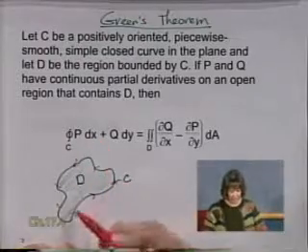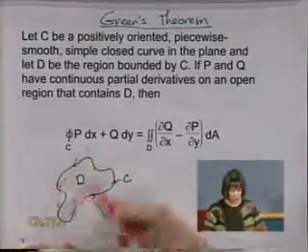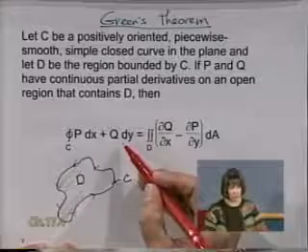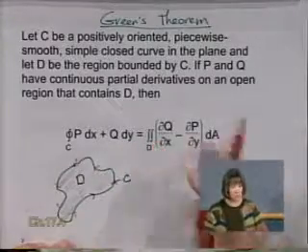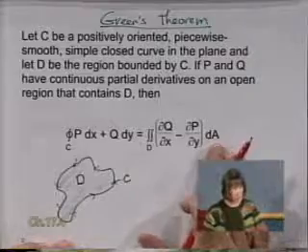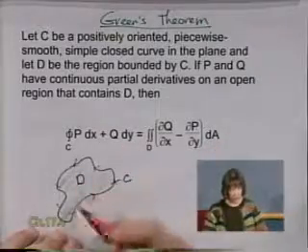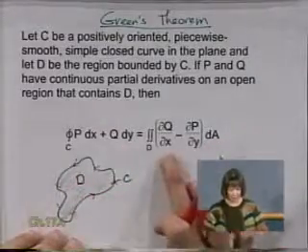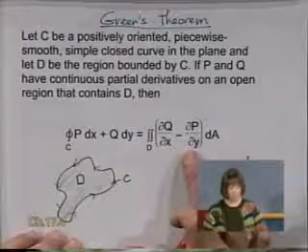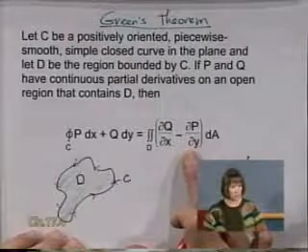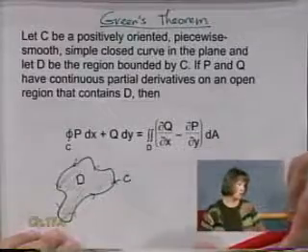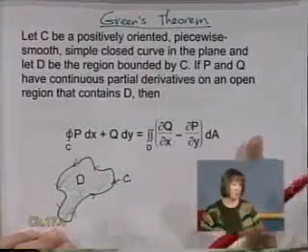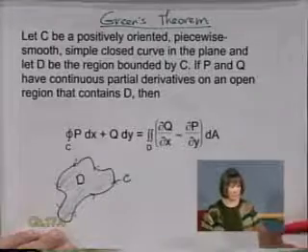And we're saying if I integrate along the curve of P dx plus Q dy, I will get the exact same answer as if I do an area integral, a double integral, over the interior region of the partial of Q with respect to x minus the partial of P with respect to y, dA. And I use dA because we could use dx dy, but if the region just cries out for polar, we'll use an r dr d theta.